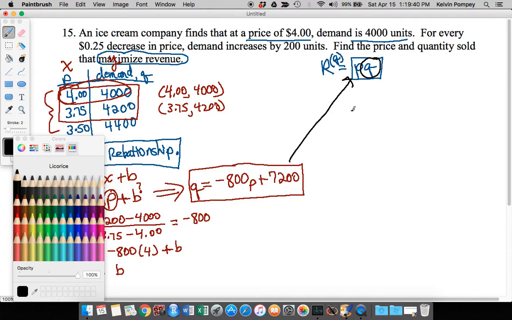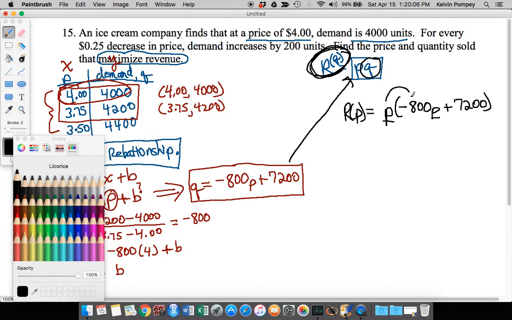All right, and so I'm going to get R equals, I'm going to leave that P there because I'm replacing the Q and not the P. And so instead of writing Q here, I'm going to write negative 800p plus 7200. Now, normally here, we write this as a function of Q. Well, I only have the variable P in here. So this is actually R of P.